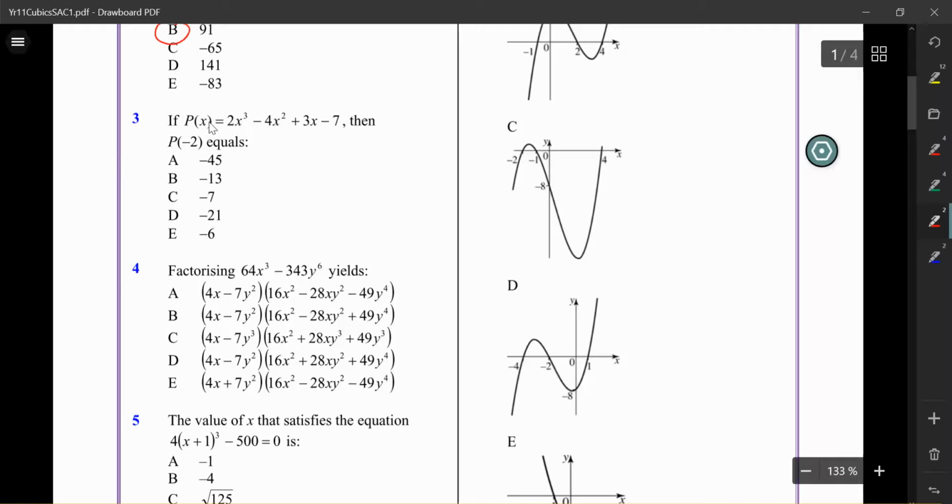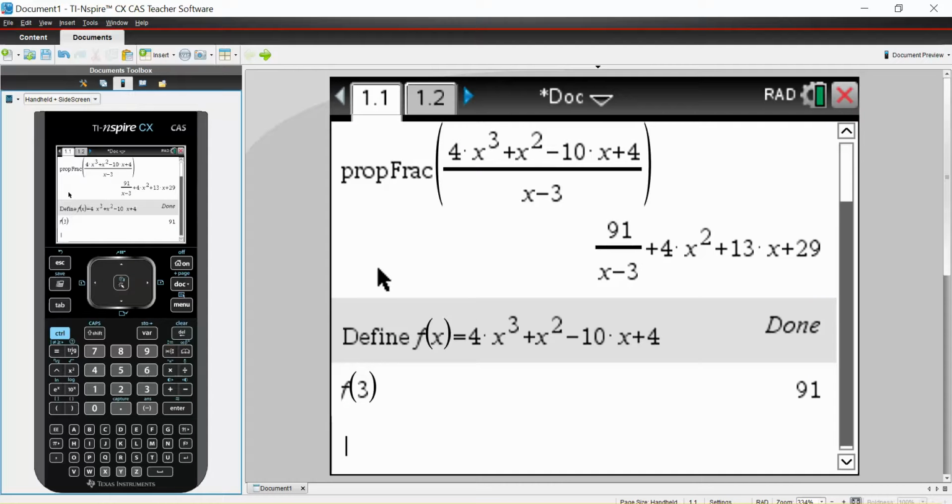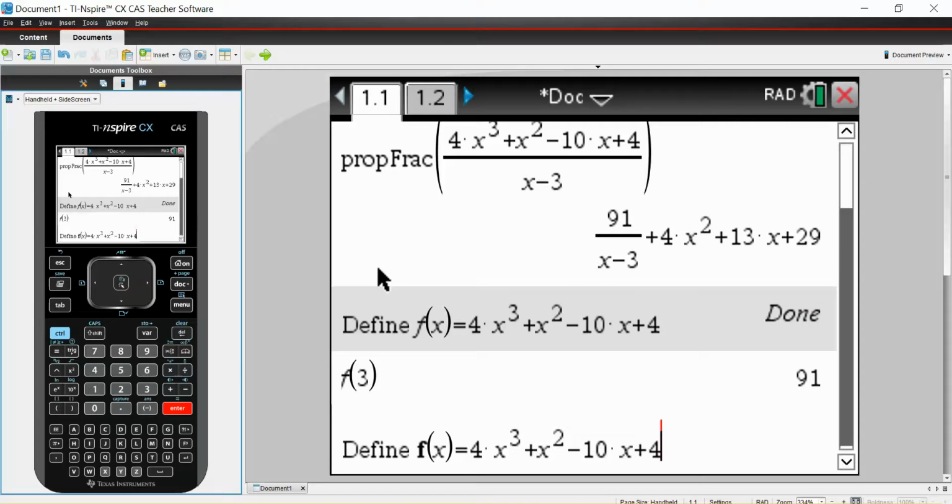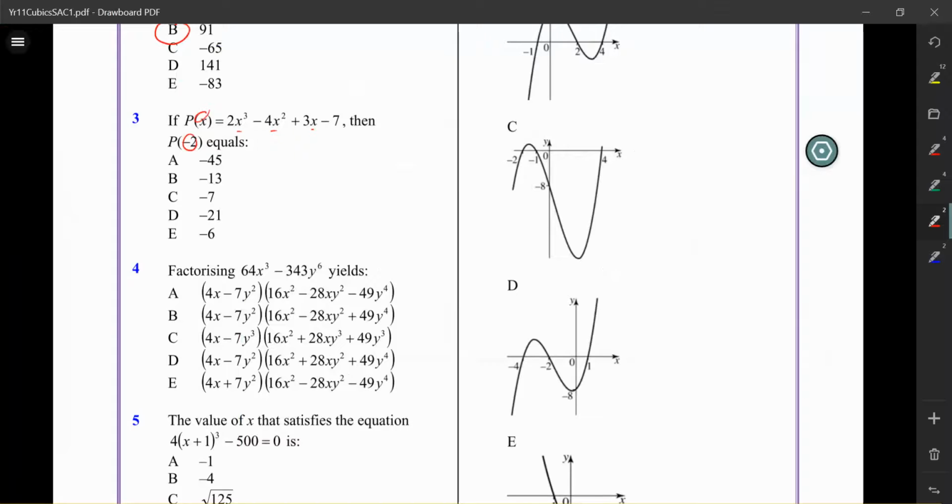Next one, same thing with this one. It says p of x is this, so I would probably do define and then find what I get when I sub negative 2 in, because what this means is, what if I replace all the x's with a negative 2? Then what would I get? That will be the remainder, right? Because I already defined it up here, I'm just going to move my cursor up, bring this down by pressing enter, and adjust the equation.